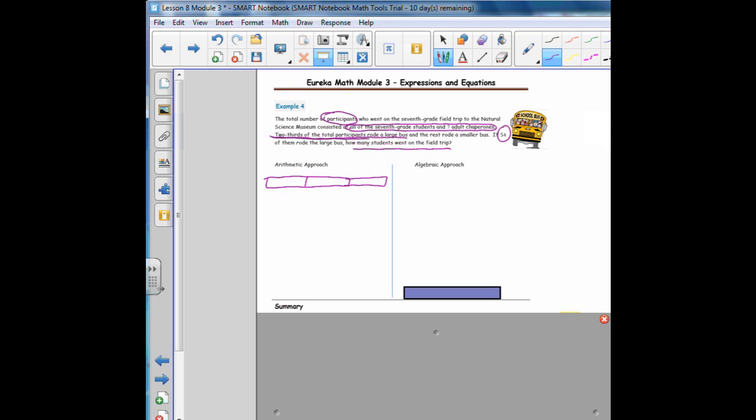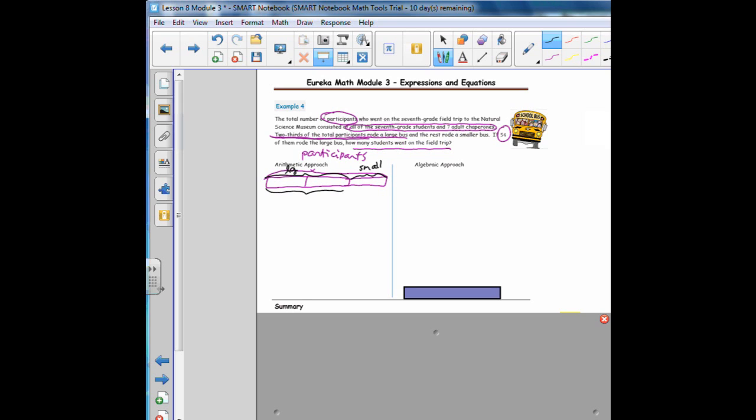The entire tape diagram represents all of the participants, and this 2/3 represents the large bus, and this 1/3 represents the small bus.